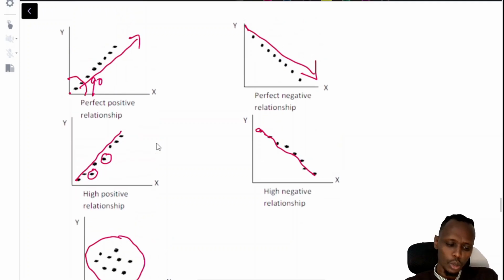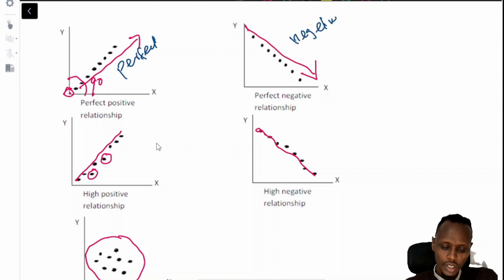Look at where the arrow is looking. It's starting from here. This is perfect. If you see something like this, we call it perfect. This is a perfect positive relationship. This is also perfect but negative. Again, you will see there are points which are outside, slight points.